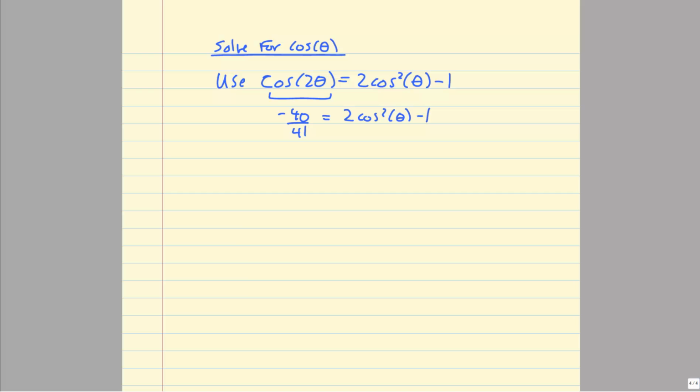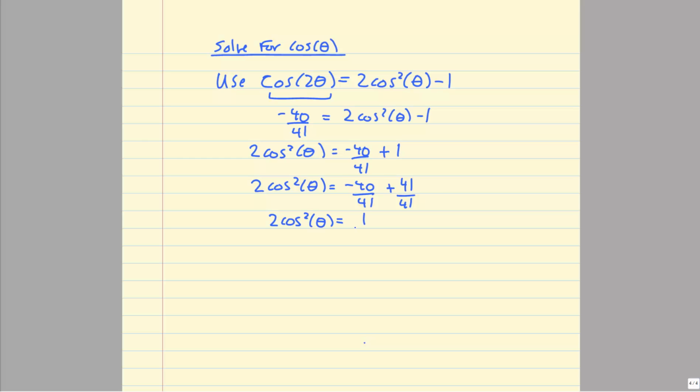I'm going to put my variable on the left, the 2 cosine squared theta, that's just my preference, equals negative 40 over 41, and then I'm going to add the 1 across. And then I'll find a common denominator, so this would be plus 41 over 41. Negative 40 plus 41 would be 1 over 41. Divide both sides through by 2, and I'd have cosine squared of theta equals 1 over 82.